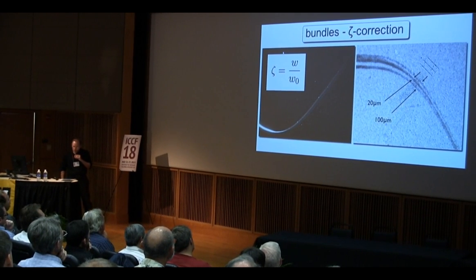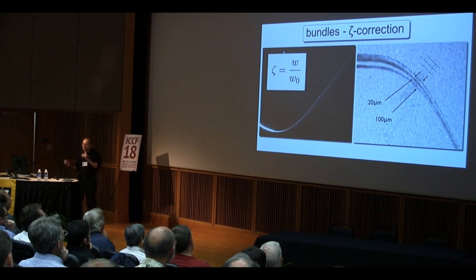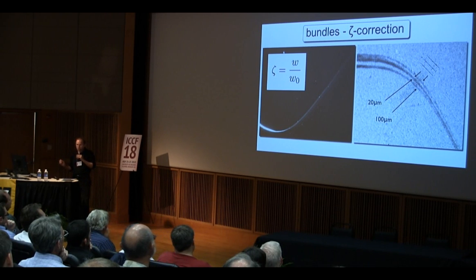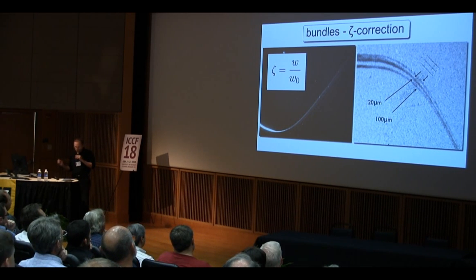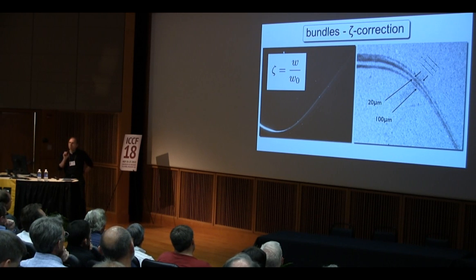The tracks here appear to split, and because of the wide range of observed track widths among the studies, a correction factor zeta is used, where W equals track width, and W0 equals the minimum measured track width. This is called bundling and splitting.